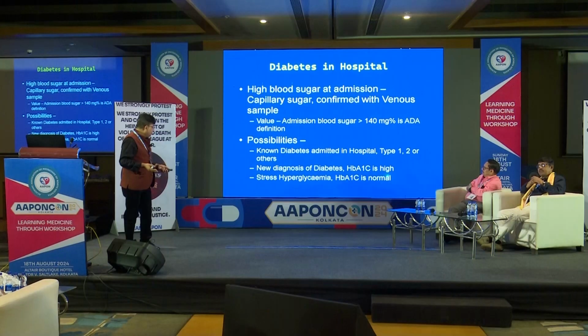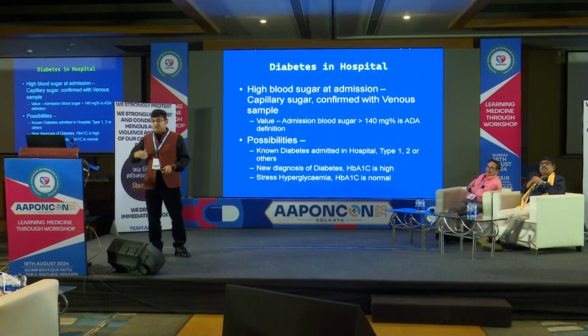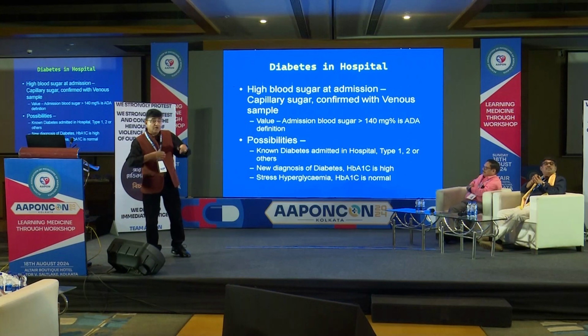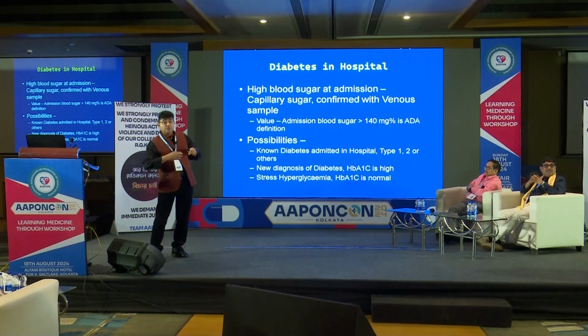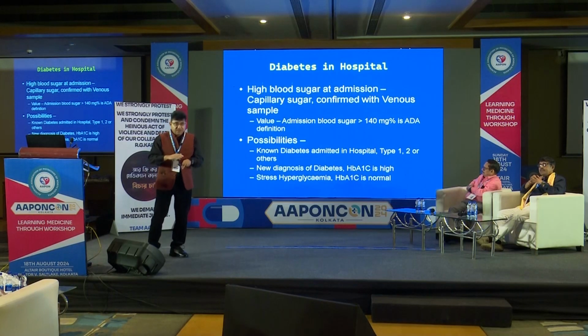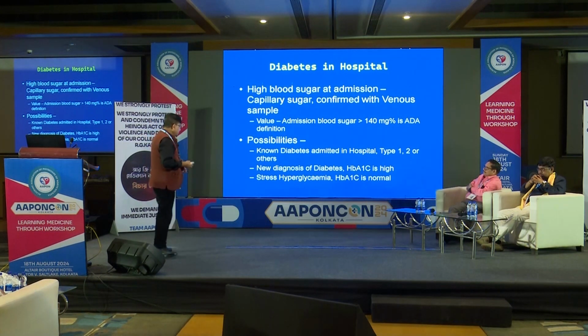Your HbA1c should be high, or it could be stress hyperglycemia, which is not because of diabetes per se, but because of the counter-regulatory hormones and cytokines which are trying to help the patient overcome the stress, and sometimes there's an overshoot. That's why the patient is becoming hyperglycemic, because insulin or other mechanisms for glucose control are not good enough to counterbalance the rise of those stress hormones. That's how it could be.